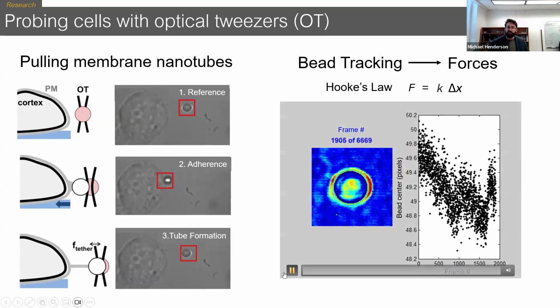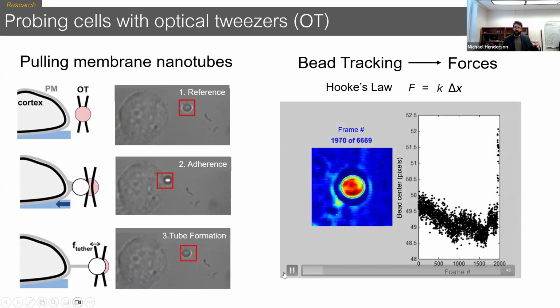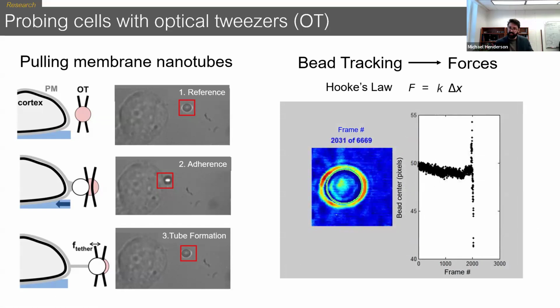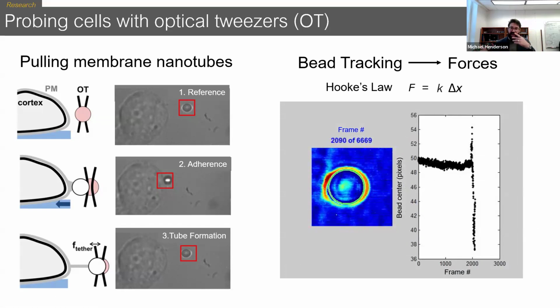Because we're constantly tracking the bead through video microscopy, we can relate bead displacements to forces being exerted on this bead. So the trap is acting like a Hookean spring. If we calibrate our optical tweezer, we know the displacement of the bead, and we can calculate piconewton-level forces being imparted on this bead.